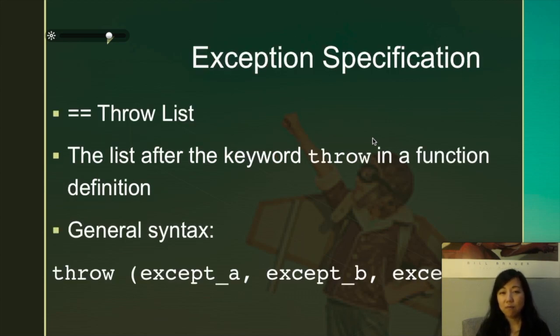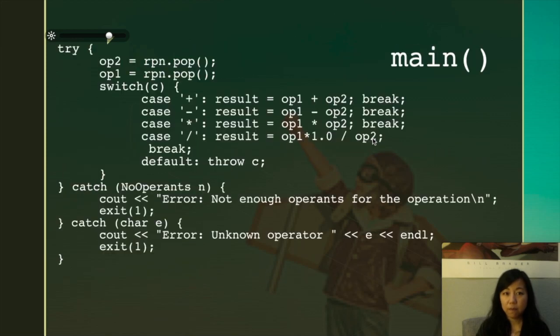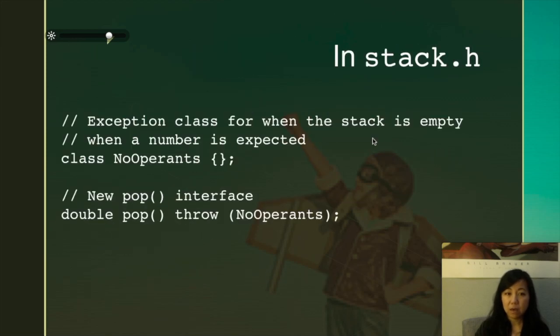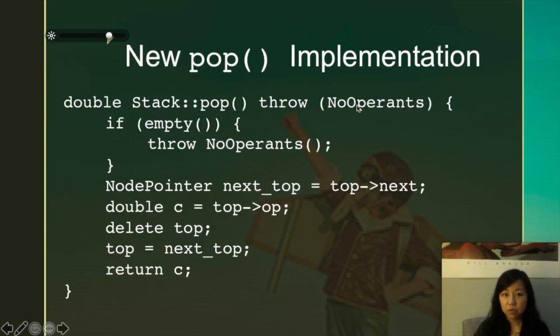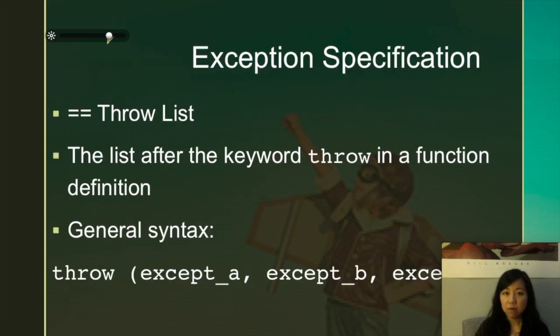So exception specification, basically here you can have it be able to throw more than one kind of exceptions, and so that is called the exception specification.